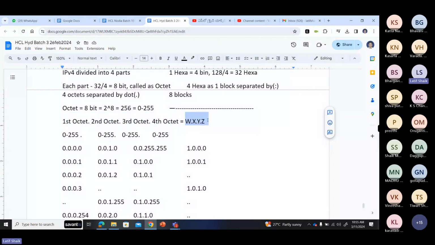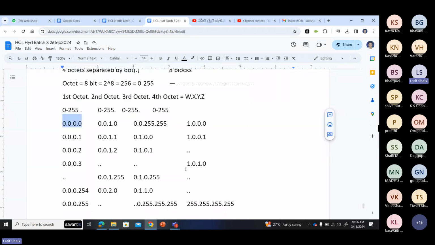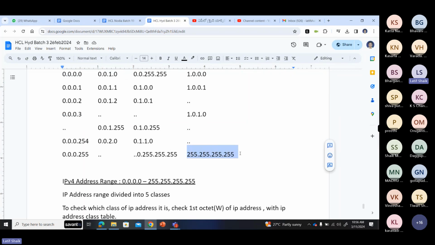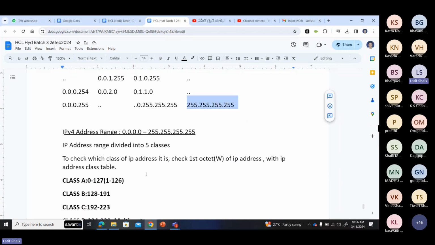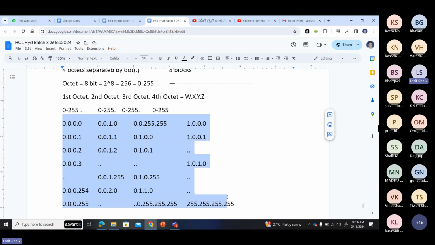Some people represent the first octet, second octet, third octet and fourth octet as W, X, Y, Z. If you write the IP addresses, the total range is from 0.0.0.0 to 255.255.255.255, the highest.